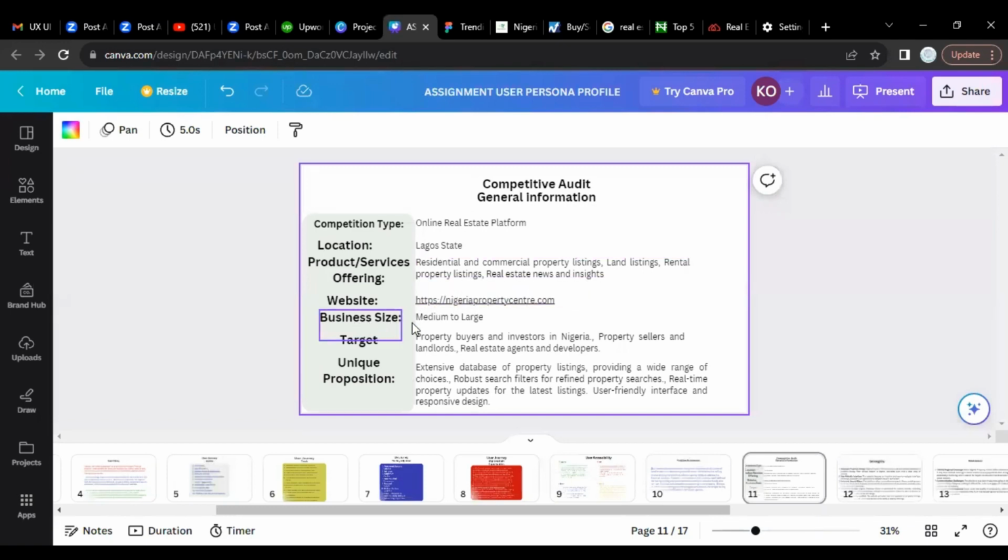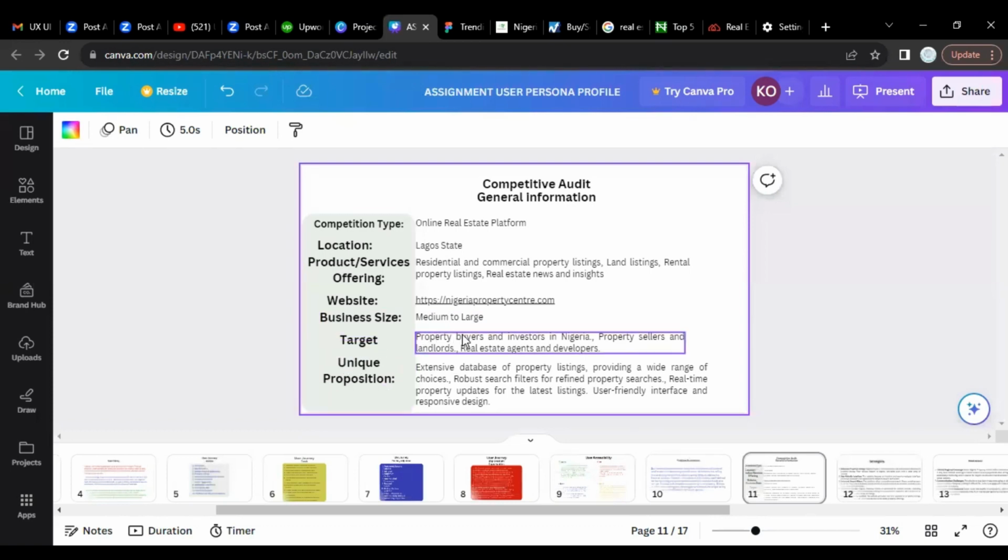The reason I rate the size as medium to large is they are still scaling. They are in some parts, but not all over. I think they've covered quite a lot, and it's not only in one state, you can get other states.